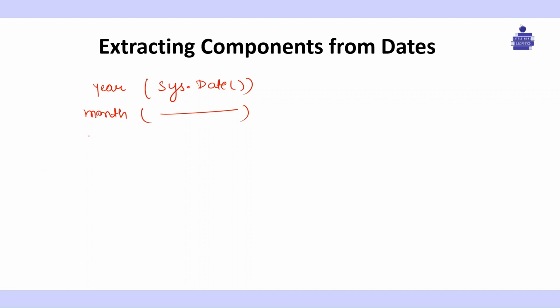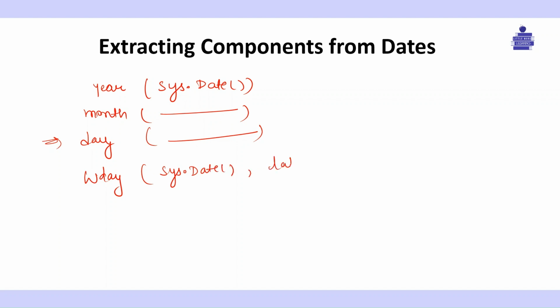And for day, similarly, you can use day. Now when you have extracted day, what about weekday? For weekday, you can do it like that, with the same Sys.Date command, then label equals TRUE. So the weekday will be displayed with a label, for example Saturday will be displayed as Sat.